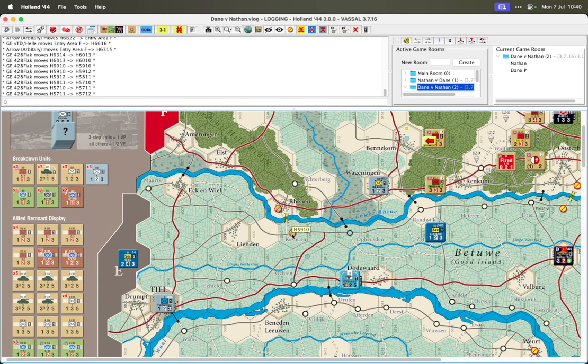So I did go too far. It was 5 to get here. Let me go back here. I mark them moved all over again, and we can start all over. So 3, 4, 5, and then 6, 7 for the railroad bridge, and that's as far as I can go.